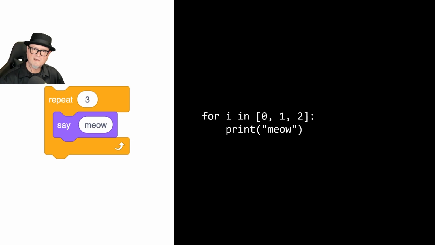In this one, we declare that for I in, and then we create an array of values. So for I in 0, 1, and 2, in this case in square brackets, print meow. Now this works perfectly fine. You'll see it gives exactly the same output as that C program, but there's a problem if you think about it, because what if I wanted to do some step of something?